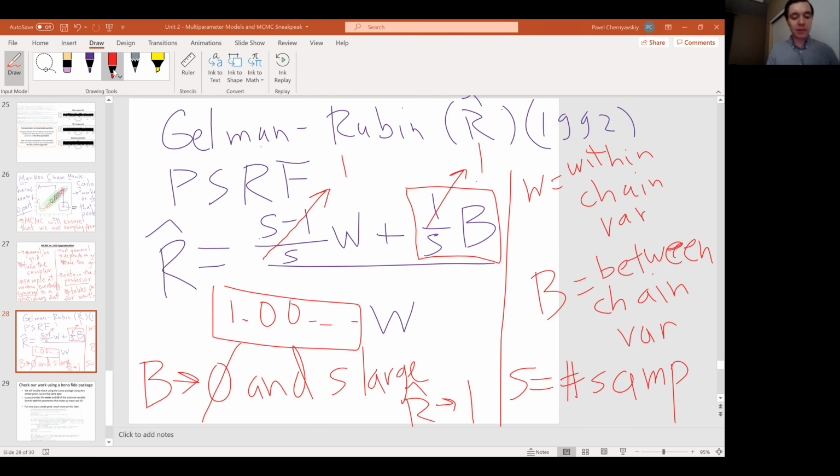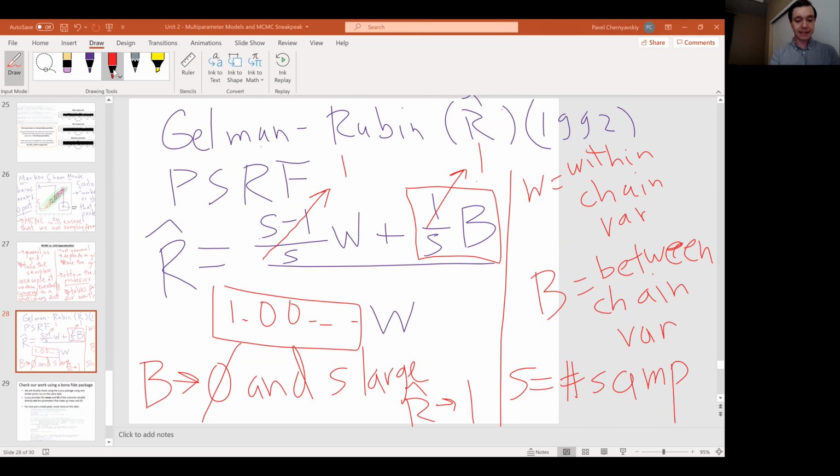When we look at our picture-perfect world, it's picture-perfect because that's how we set it up. I took samples from the posterior. I have baked in the fact that these are already converged. I have taken 5,000 samples at random from the same posterior. This is the picture-perfect case. I run this Gelman diag, which produces my R hats.